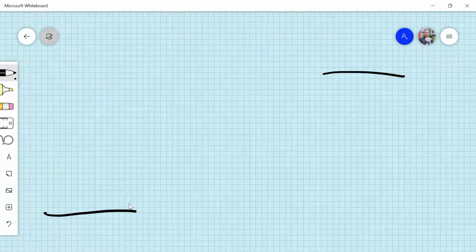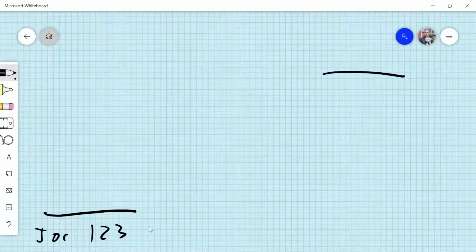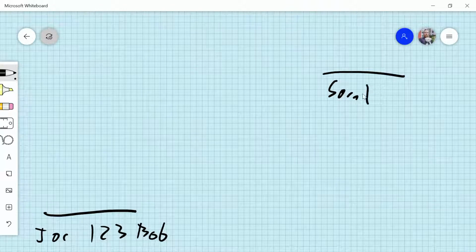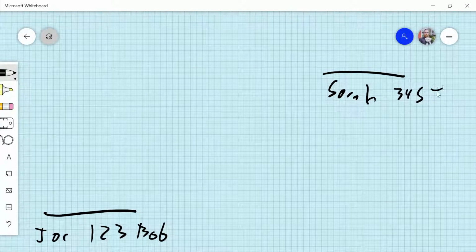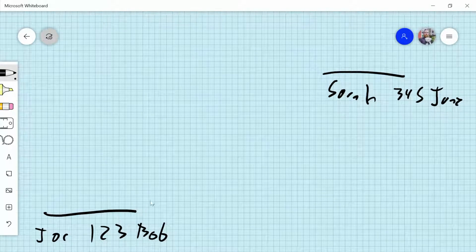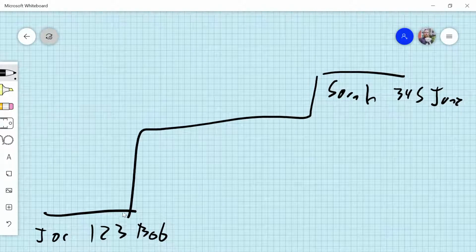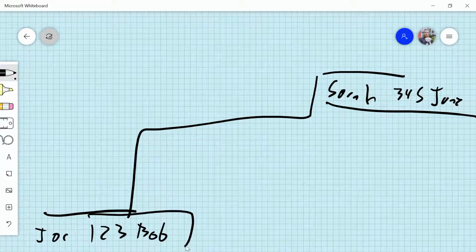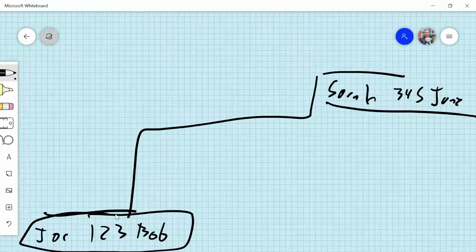I'm Joe in Texas who lives at 123 Bob Street, and I want to mail something to Sarah at 345 Jane Street. Does the mail carrying system have any knowledge whatsoever of who Sarah is or who Joe is? They don't. They don't care.